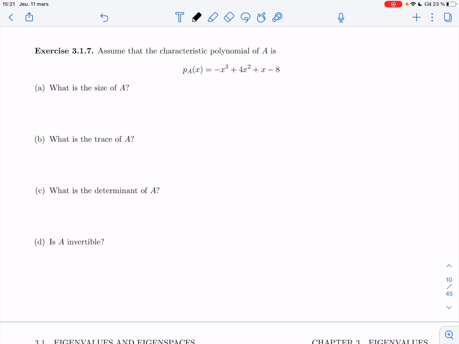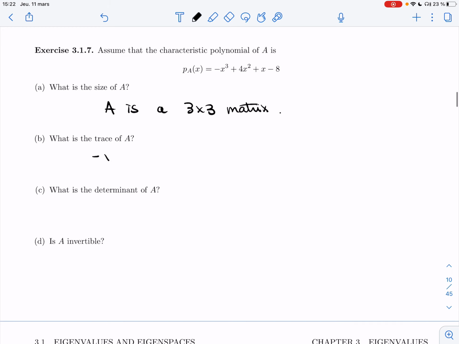And so A is a 3 by 3 matrix. We have minus 1 to the n, x to the n, so minus 1 to the 3, x cubed, plus minus 1 to the 2, trace of A, x squared, plus, we don't know, x, plus the determinant of A.